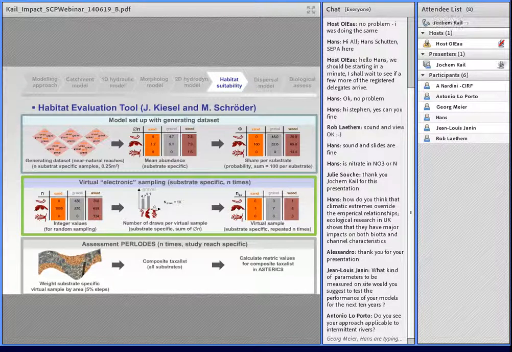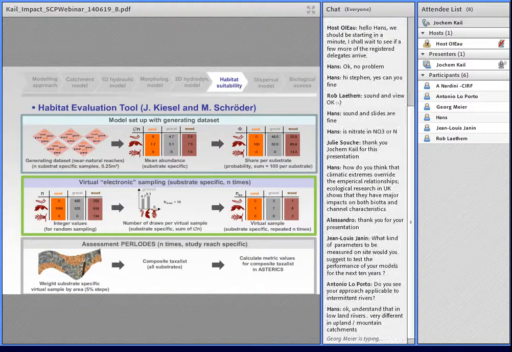There's another one from Jean-Louis Janin. Yes, what parameters should be measured on site? Yes, of course, for invertebrates, most important, of course, are the substrates.